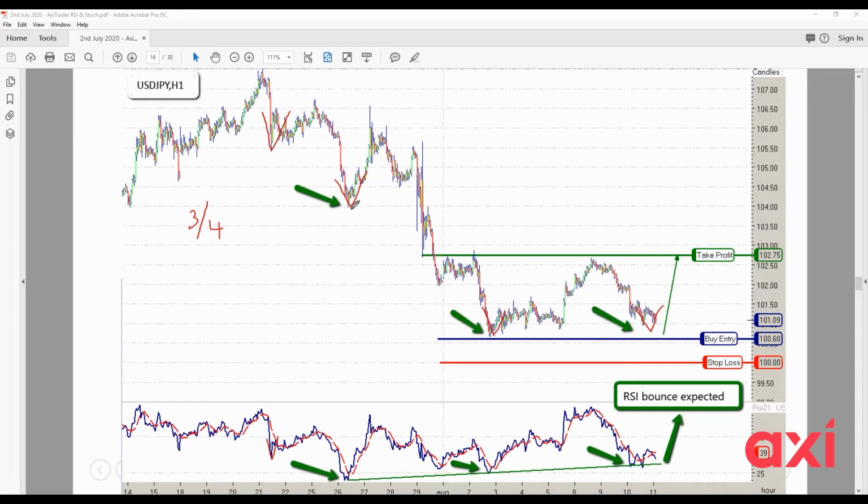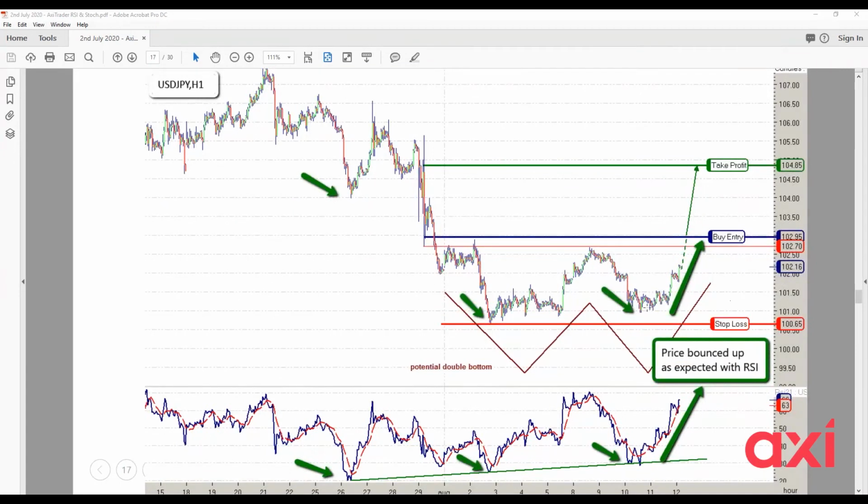But in this case, because there was one nice bounce, two nice bounces, and we're on the third nice bounce, to me it meets my bare minimum requirement of at least three bounces, and we can expect to play the push up. So always look for the past 4 big bounces that have happened in price and see if RSI has obeyed that. Okay.